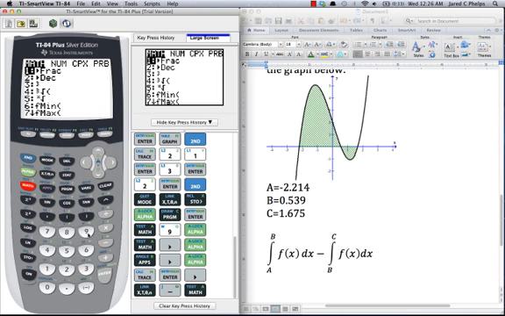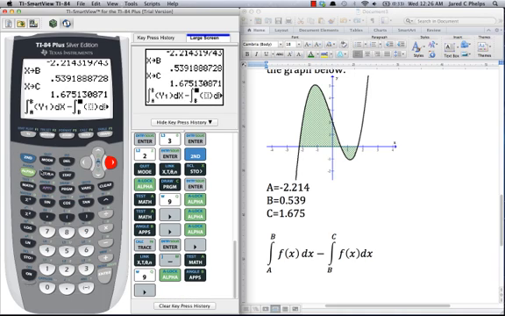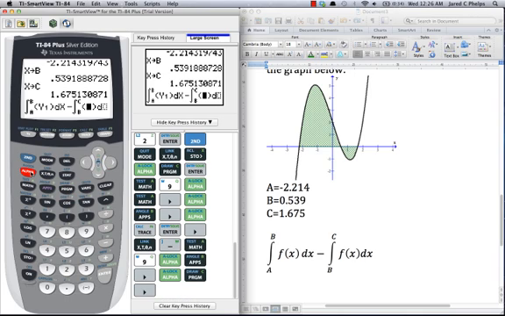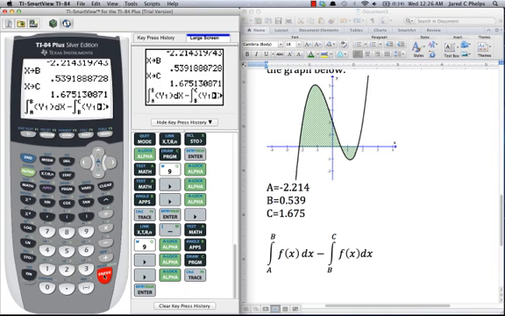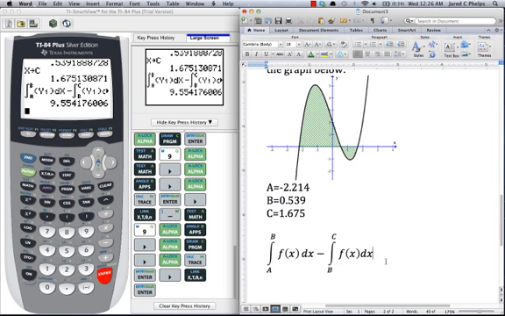Now again, we can do math 9. This one will be B to C, again alpha F4, choosing the Y1 function again with respect to x. We hit enter and it thinks and thinks and comes back and tells us that this integral is 9.554.